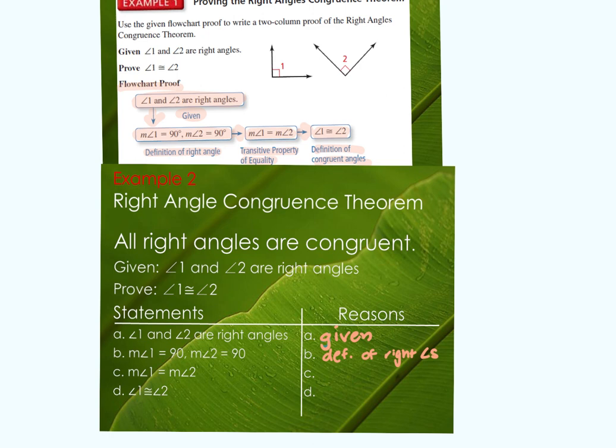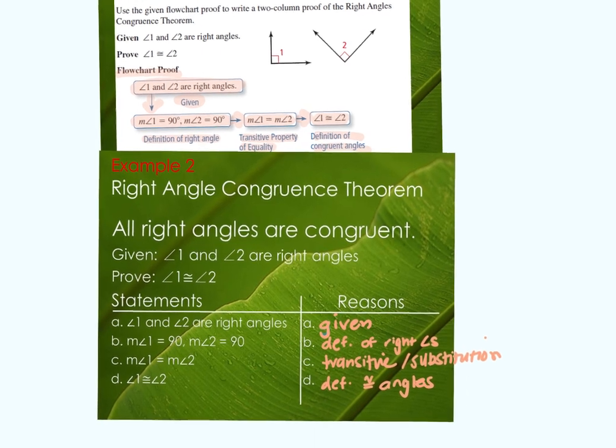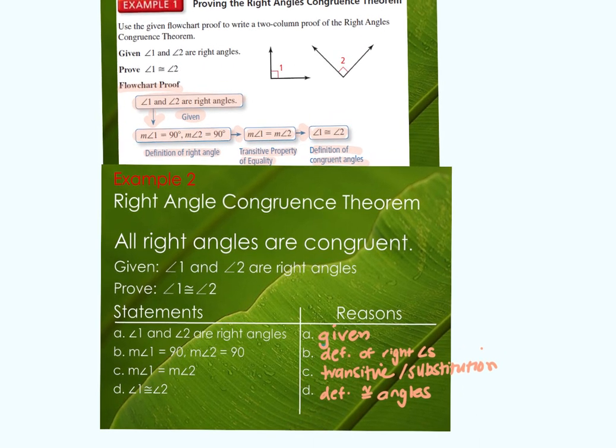Actually, this would be congruent. No, sorry, that is equals. And that is the transitive property of equality. Or I would have taken substitution on that too, because you're substituting in for a value. And then angle 1 is congruent to angle 2, and that's the definition of congruent angles. So one proof done 2 ways, flow proof and also 2-column.